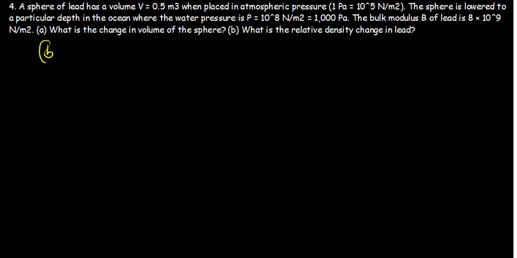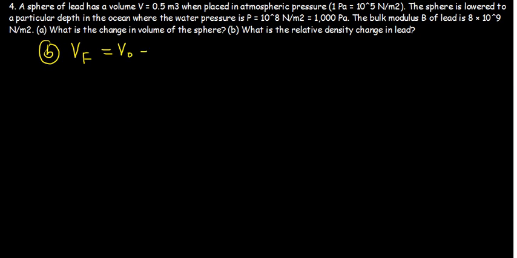So for part B, the first thing is, of course, we already know that there's a certain change in volume, and we've found it. But what will be the final volume after this change happens? The final volume is given by the initial volume minus that change.